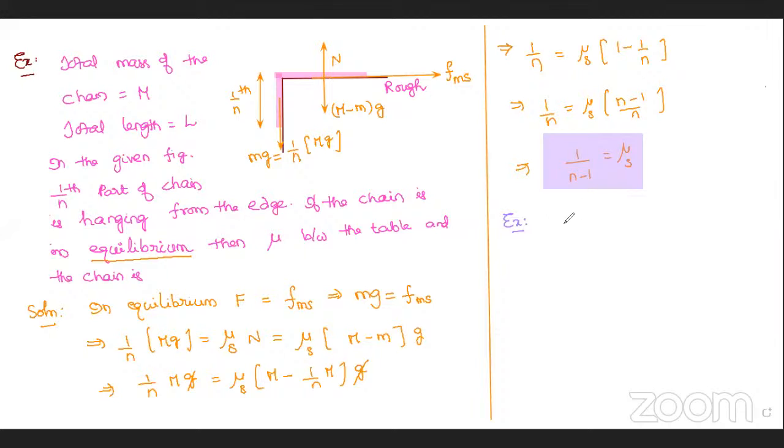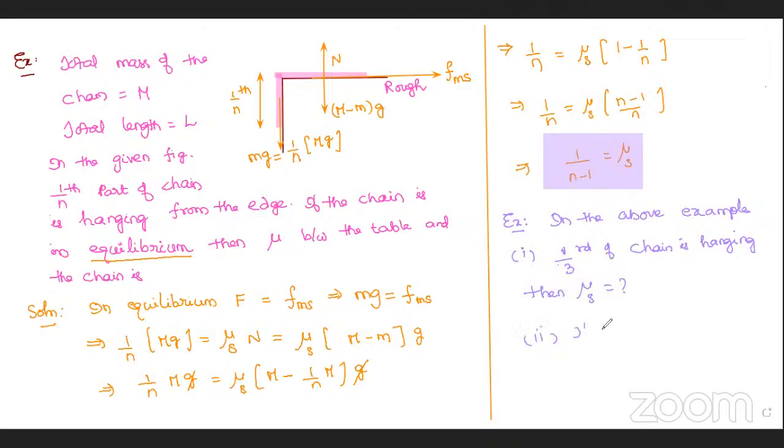In the above example, the first question: if 1/3 of the chain is hanging, then mu_s is equal to how much?